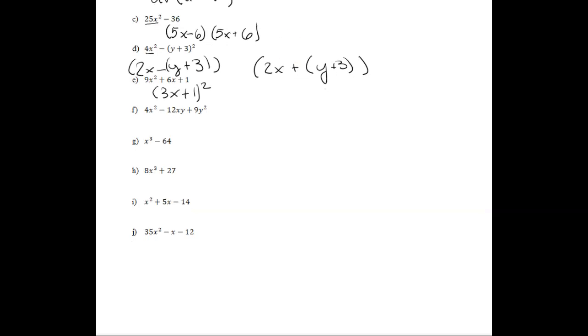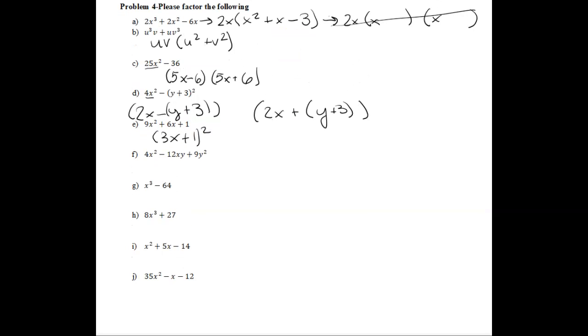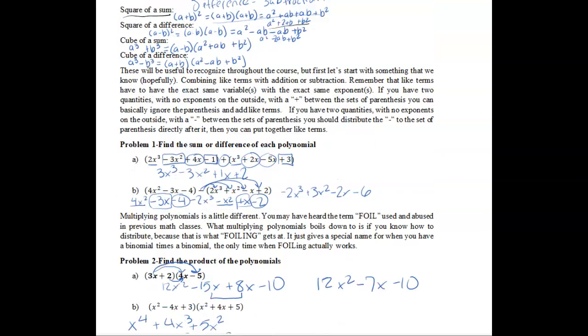Alright, on F I see that I've got 4x squared minus 12xy plus 9y squared. So again, I see my bookends are 4x squared and 9y squared. They are both perfect square numbers and perfect square variables. So I'm going to go back up, and I'm noticing that there's a minus sign this time.